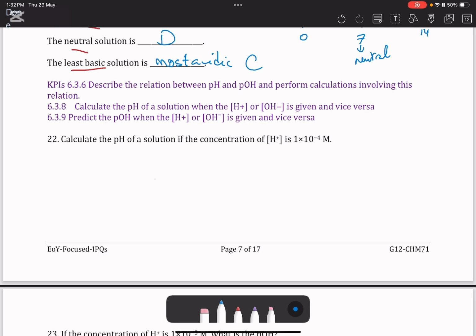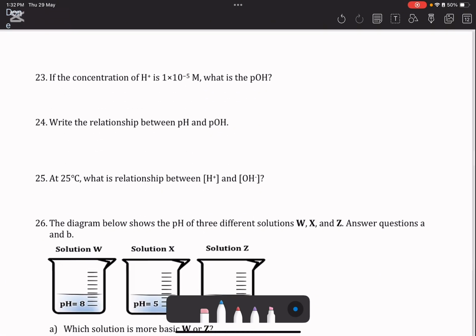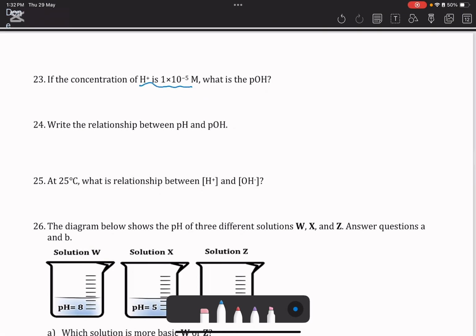Calculate the pH of a solution if the concentration of H plus is given. So pH equals minus log the given concentration. And pH is 4. If the concentration of H plus is given, what is the pOH?